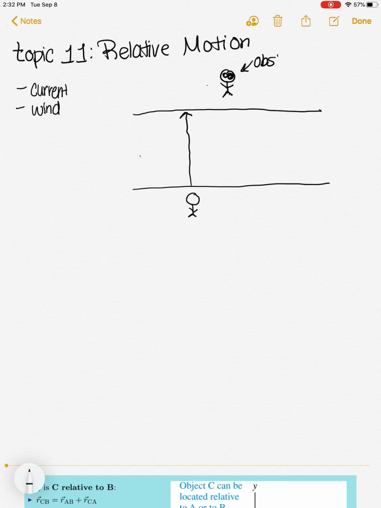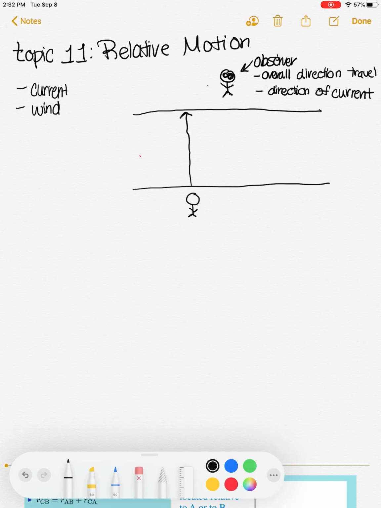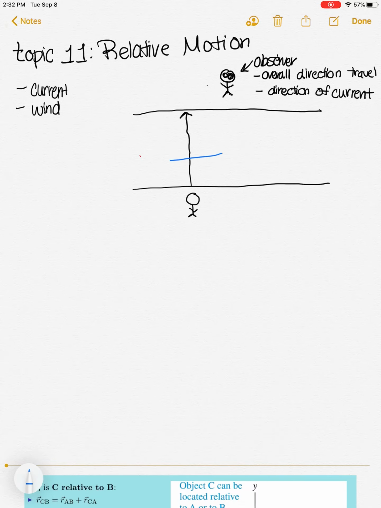And so what the person who we call the observer sees is the overall direction of travel. And they also note the direction of the current.